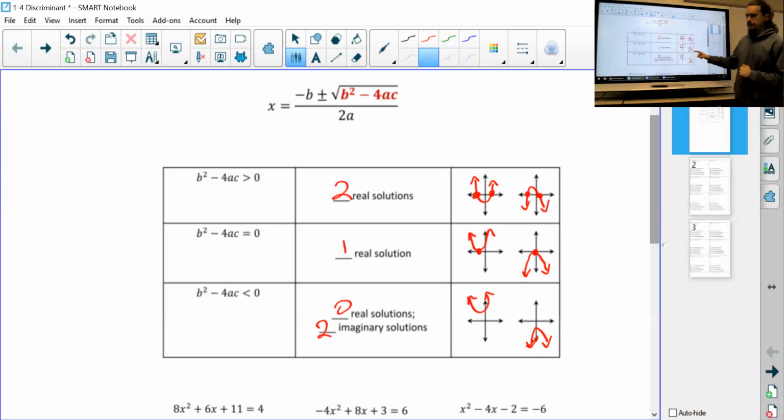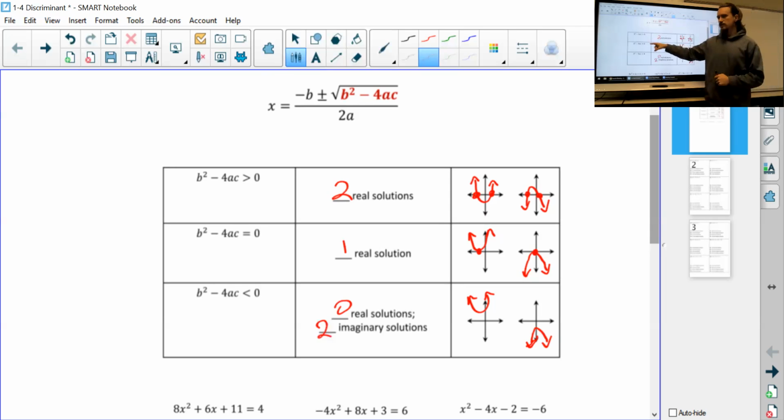So if you want to copy this down, might be beneficial, and we'll explain a little bit why that's the case. So if it's positive, if you have a positive square root, you can solve that. And then since there's a plus or minus, it means there's 2 separate equations you're going to need to solve, and 2 separate equations give you 2 separate answers.